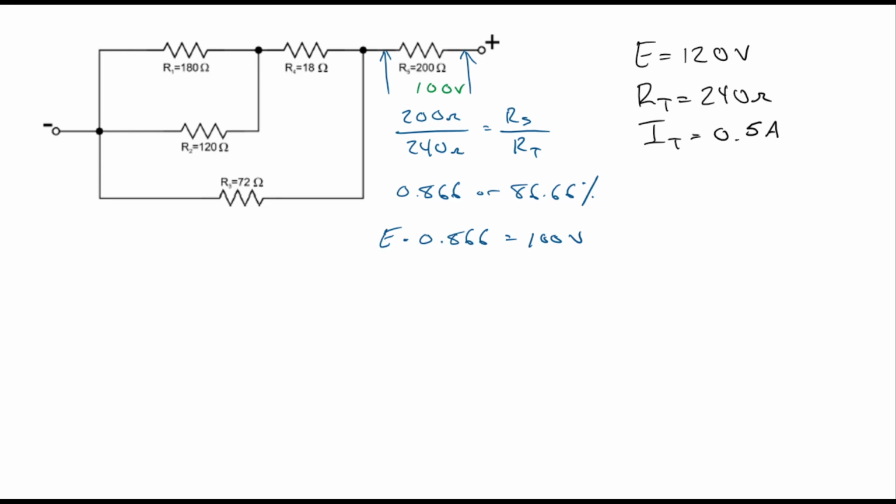That means the remaining voltage of 20 volts is shared on the remainder of that circuit, which is nice because that is essentially from this node to this node. So already I can see that the voltage here has to be 20 volts.